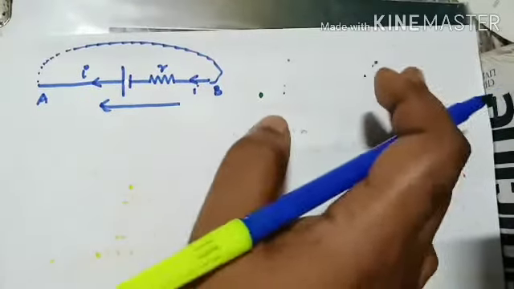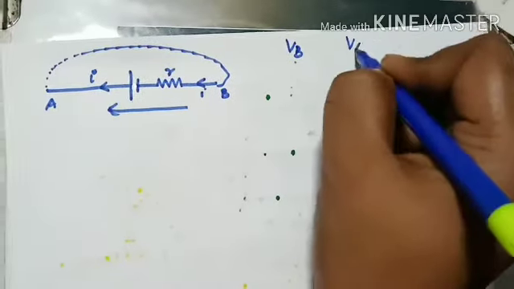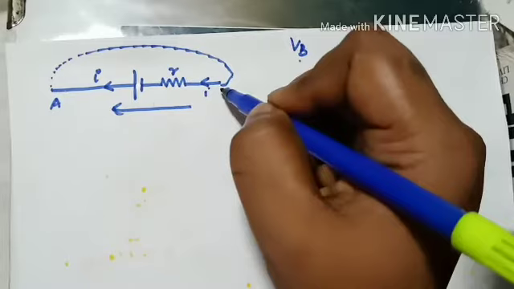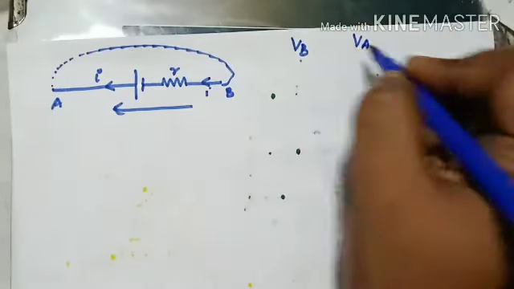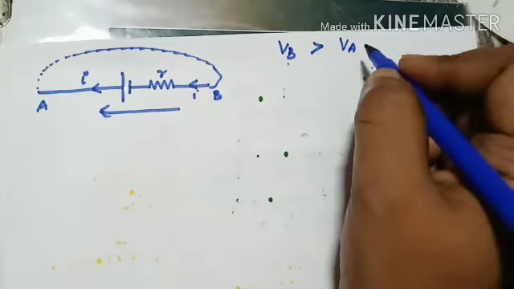This much clear? Now, while I am moving from B to A, where is the potential high? There is VB and VA, that is potential at B and potential at A. Now as the current is flowing from B to A, it indicates the potential VB is greater than potential VA.